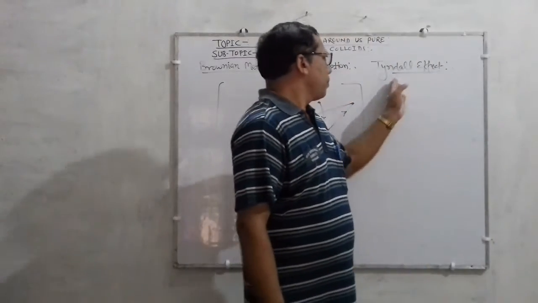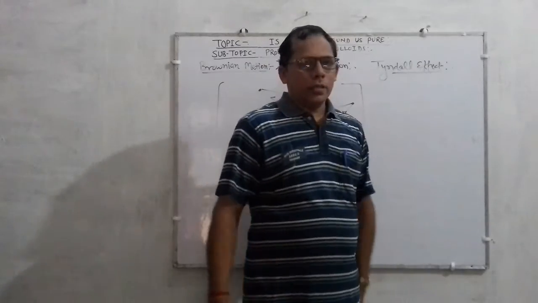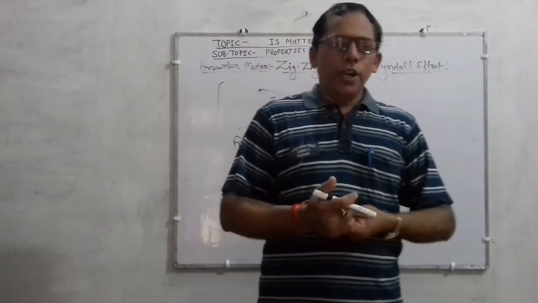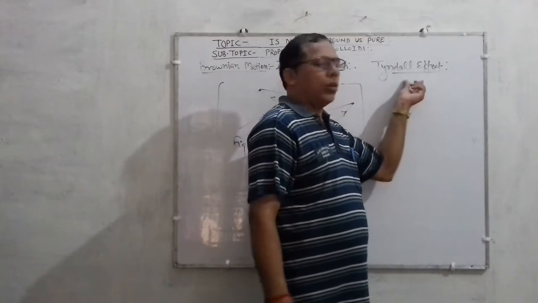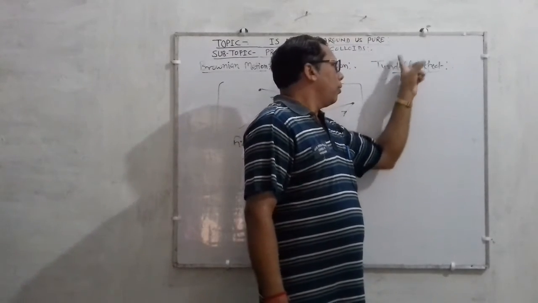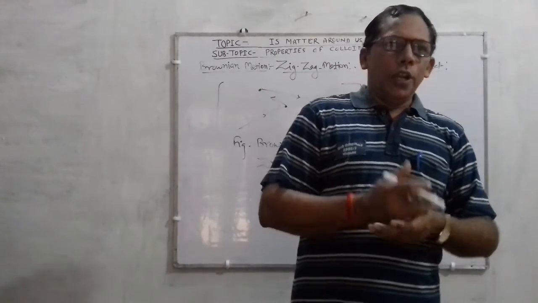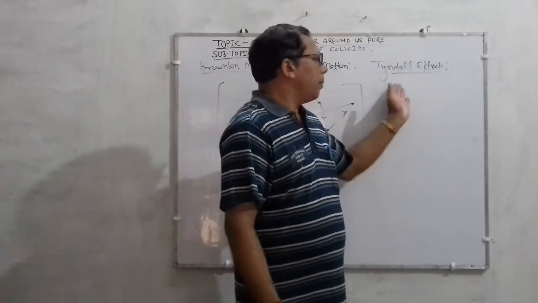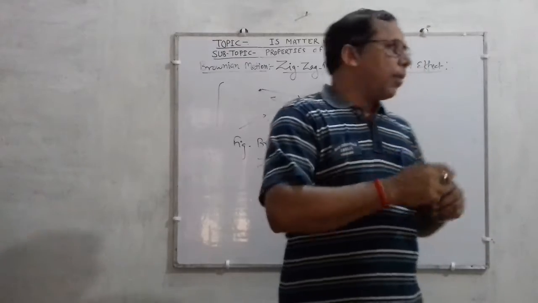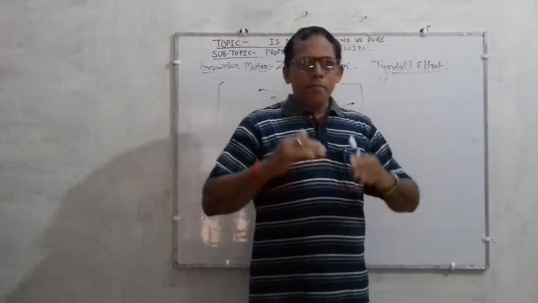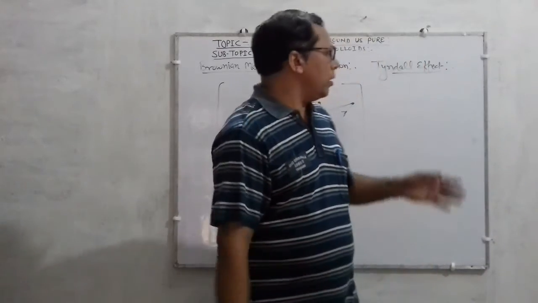Listen once. This Tyndall effect arises due to the scattering of light by colloidal particles. This point is very crucial. Why does Tyndall effect occur? Because of the scattering of light by colloidal particles, and this property can also be explained through an experiment.